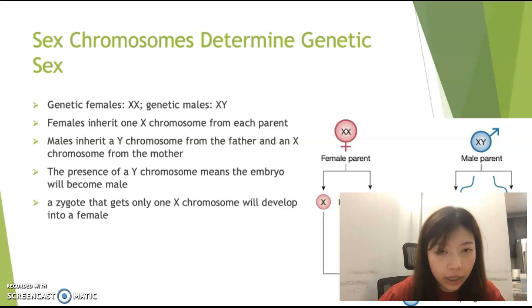A zygote that inherits only a Y chromosome, like YO, will die because the larger X chromosome contains essential genes that are missing from the Y chromosome. In the absence of a Y chromosome, an embryo will develop into a female. For this reason, a zygote that gets only 1 X chromosome will develop into a female. 2 X chromosomes are needed for normal female reproductive function.